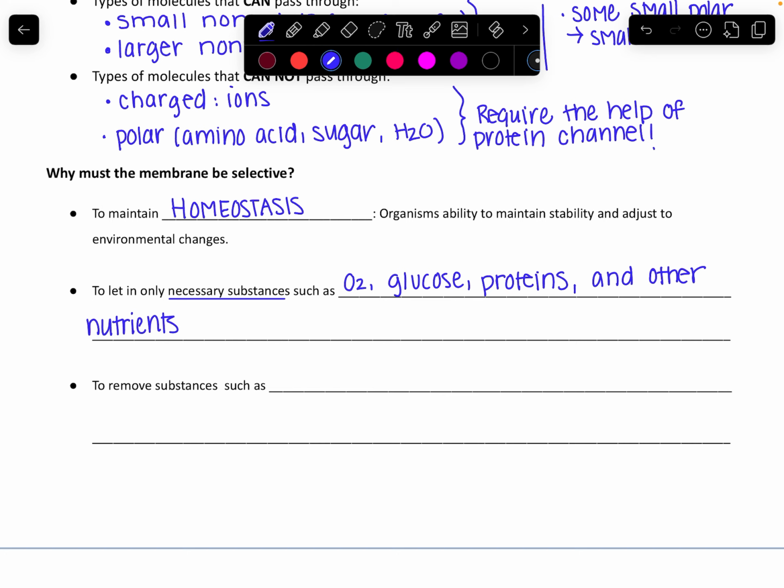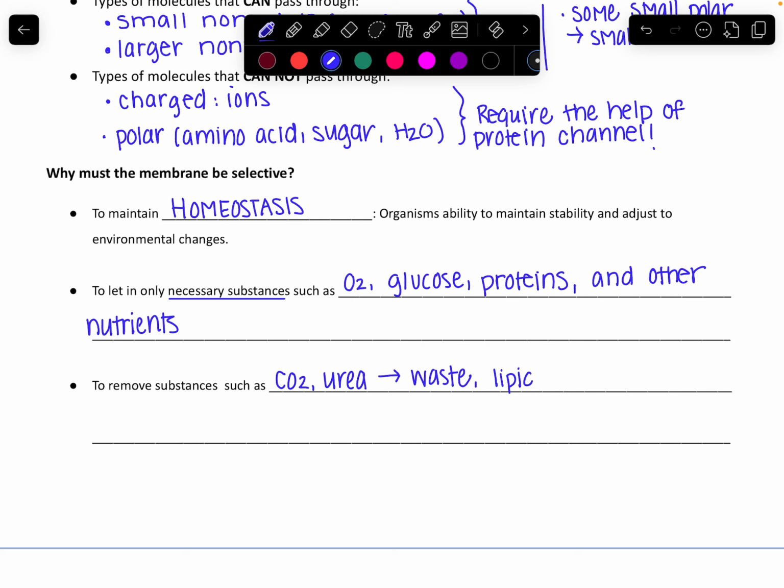So I'll say to remove substances like CO2, or you saw urea as an example, which is what you excrete in your urine. Things like that are waste products. So CO2 and urea are examples of waste that build up in our cells, or it could be products that we're making within our cells.